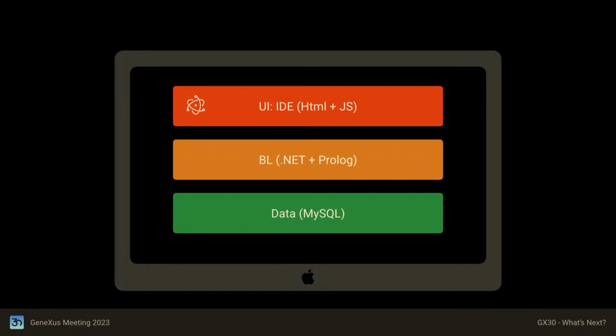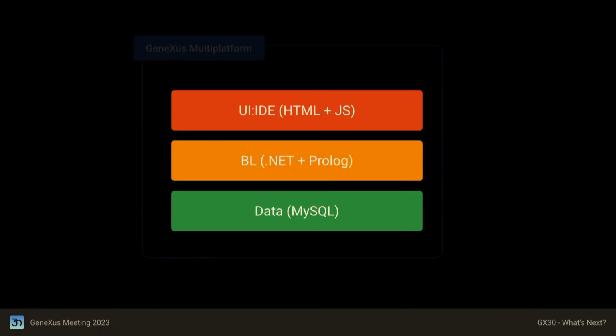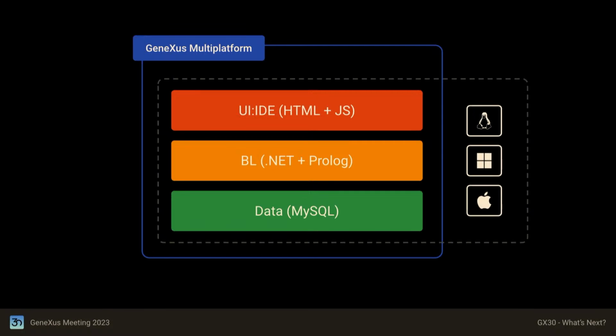It can't be SQL. We are testing other ones. And in this way, we've got everything outside the Docker, basically, in multi-platforms. And this can run in Linux, it can run in Windows, and it runs in Mac.